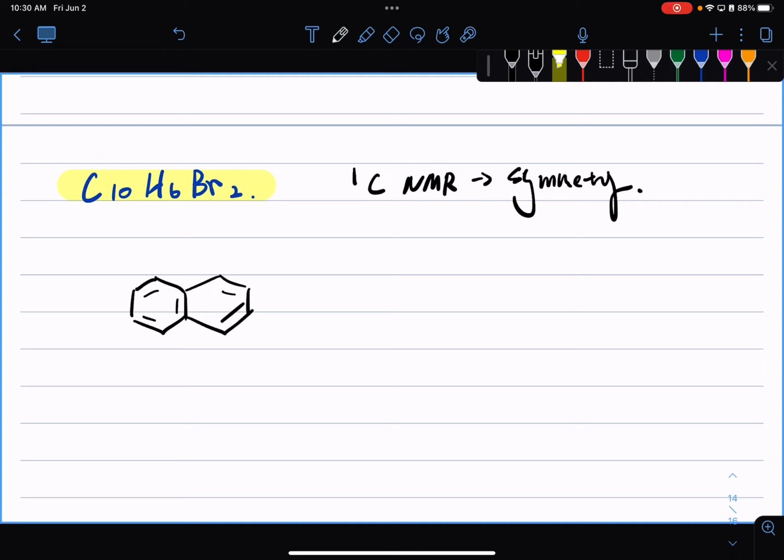And now let's look at our proton NMR. Looking at our proton NMR, we only have 3 different types of hydrogen in this molecule. Only 3. 1 singlet, 1 doublet, and another doublet. They're all pretty deshielded. Well, they're aromatic hydrogens, so it's sort of expected to be deshielded.